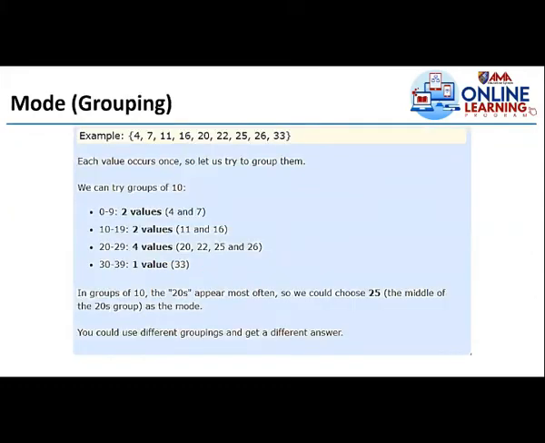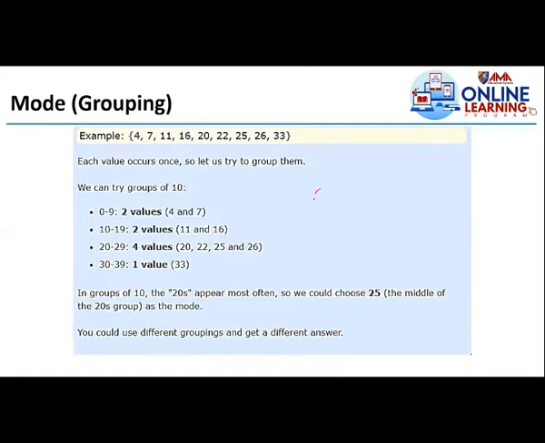So, what if the given data set has no repetition of values, but the spacing or difference of the numbers is close? You can group them. In this example, 4, 7, 11, 16, 20, 22, 25, 26, and 33, it made groups of 10.